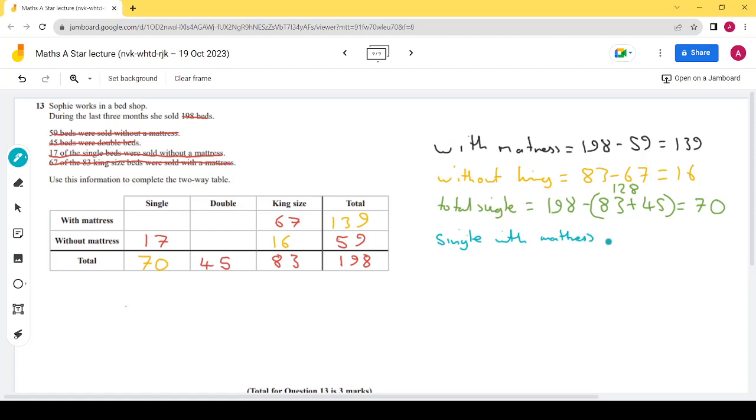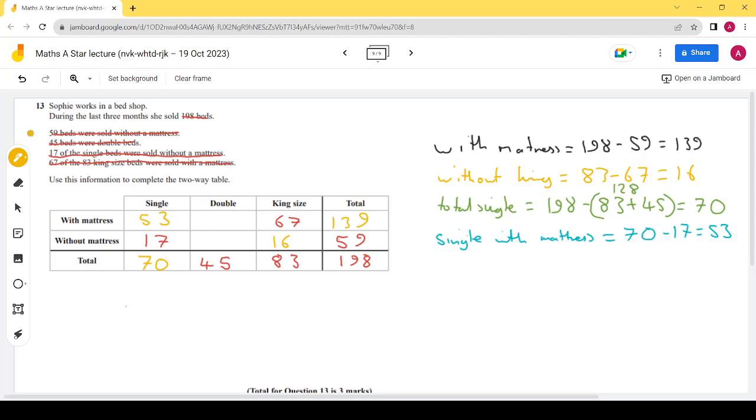I'm just writing this all out here. You wouldn't have to write out all these sentences. If you can show the maths you've done along the way, that's fine, but it should be obvious anyway. So you've got 70 minus 17, which gives us 53.